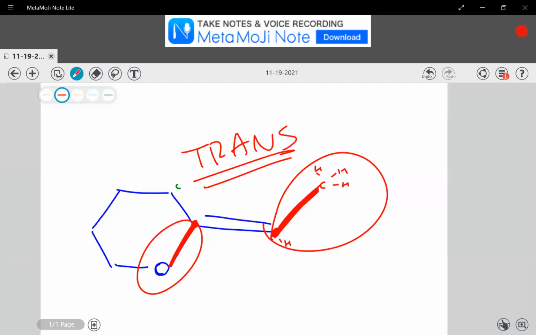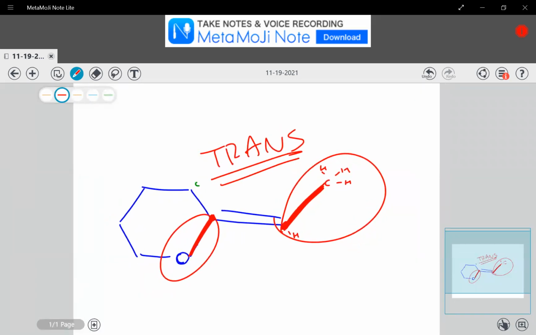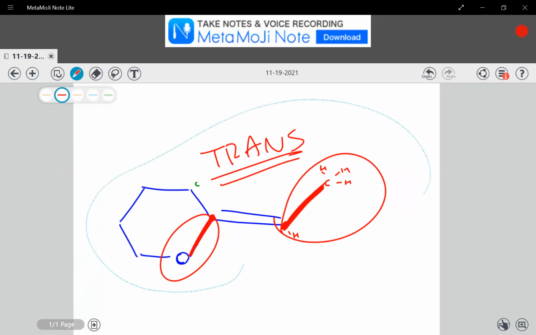And just a quick thing about these: diastereoisomers don't really have chiral centers, or no, they don't really exhibit chirality. Yeah, okay, makes sense.